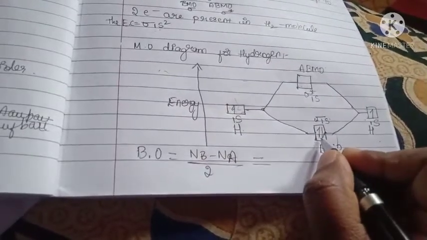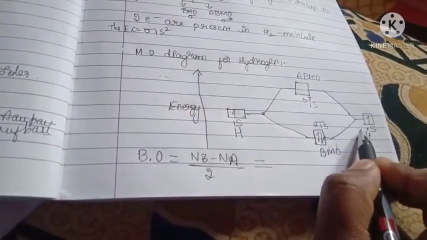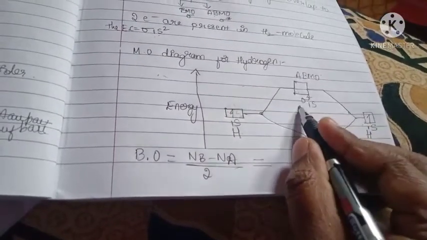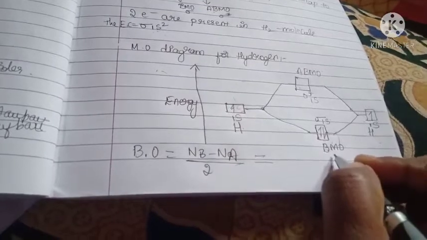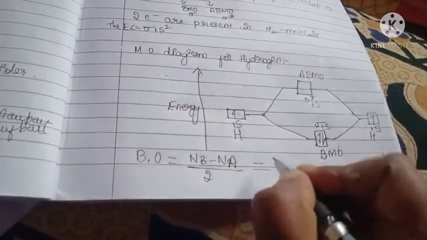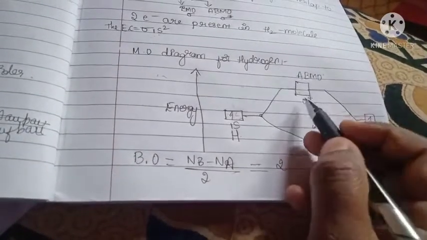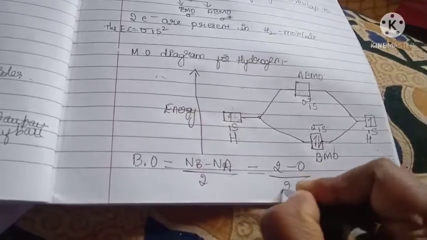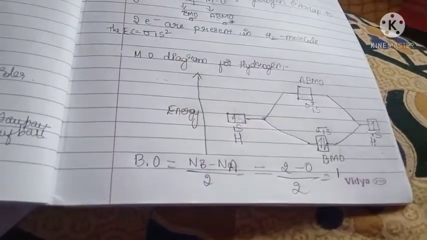BMO has how many electrons? 1, 2. You don't count these electrons, only count the bonding molecular orbital and anti-bonding molecular orbital. How many electrons are present? 2 electrons, 1, 2. And in the anti-bonding it is vacant, so 0. Divided by 2 is equal to 1.